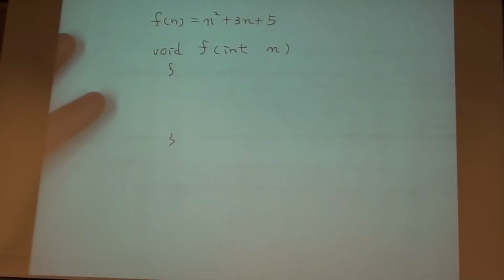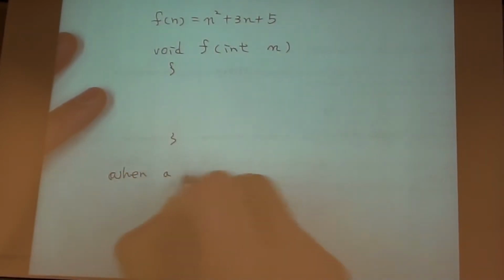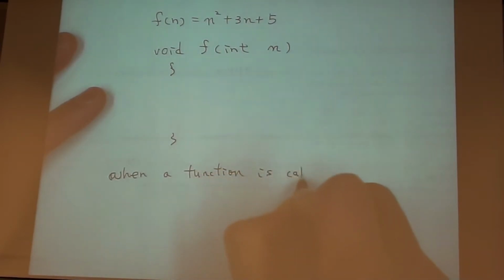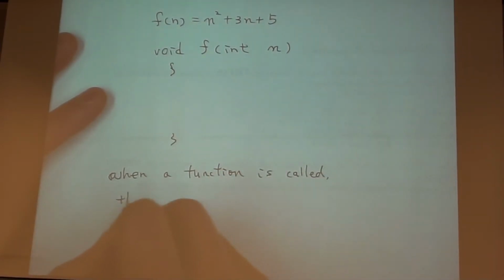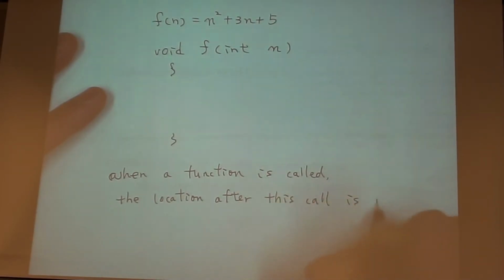When you have a function with arguments, I already said last week, Tuesday, and I also said again today, when a function is called, the location after this call is pushed to the call stack.